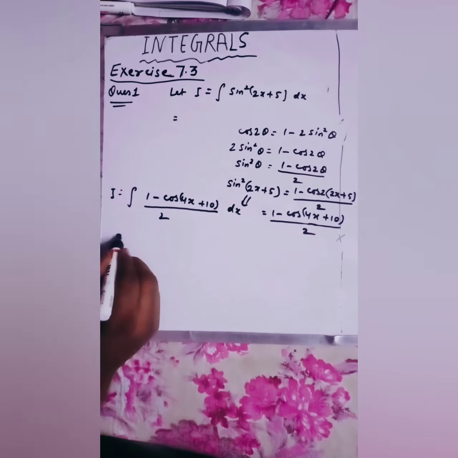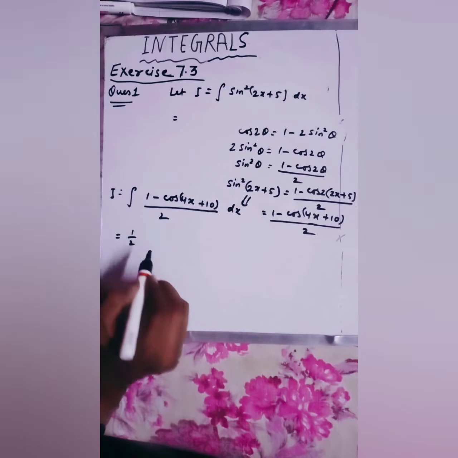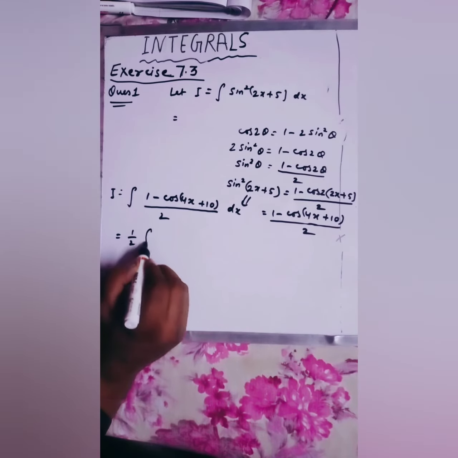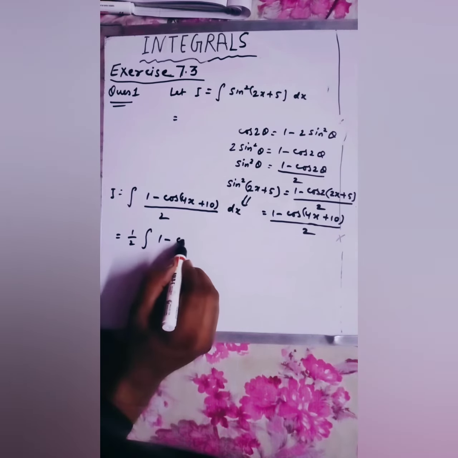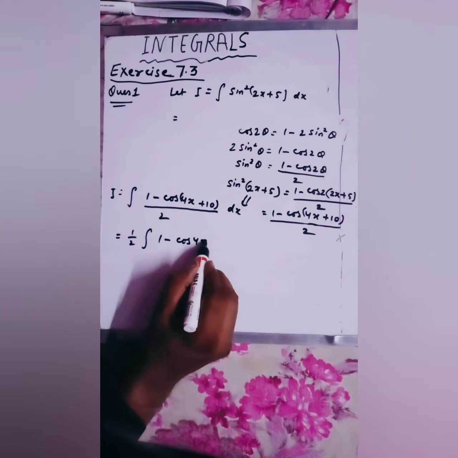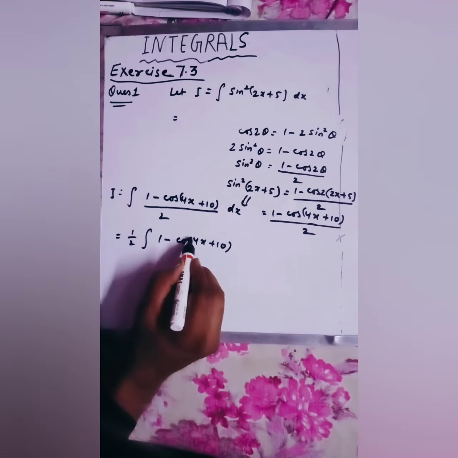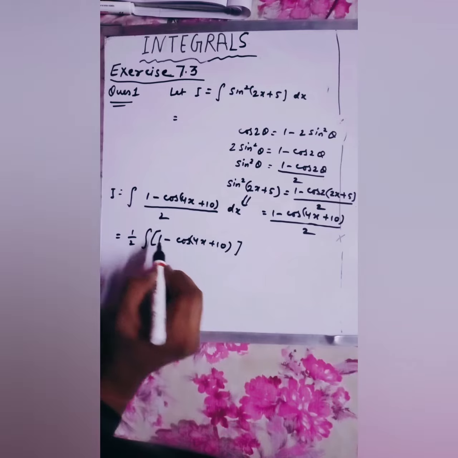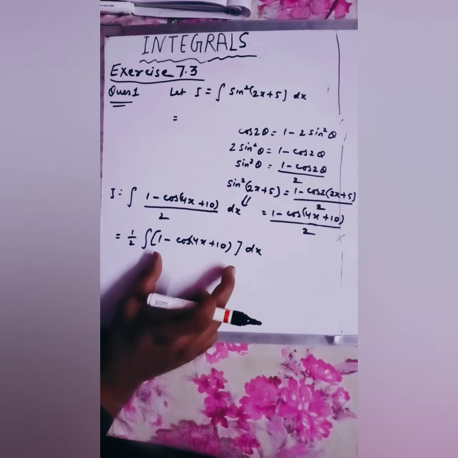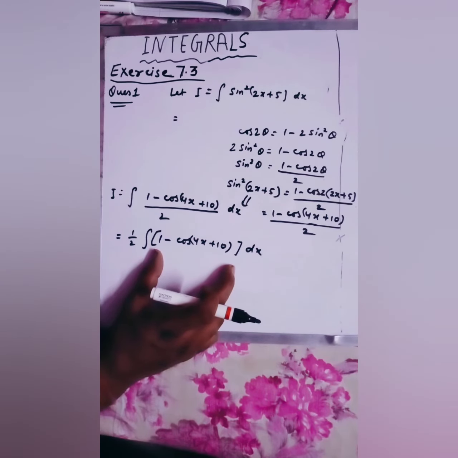Now I'm shifting the half outside: half times the integral of 1 minus cos (4x plus 10). Now we have to find the integral of this value.